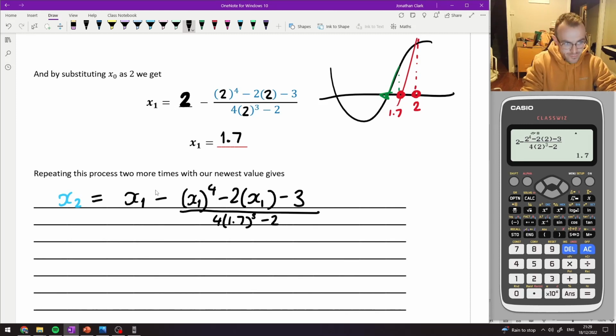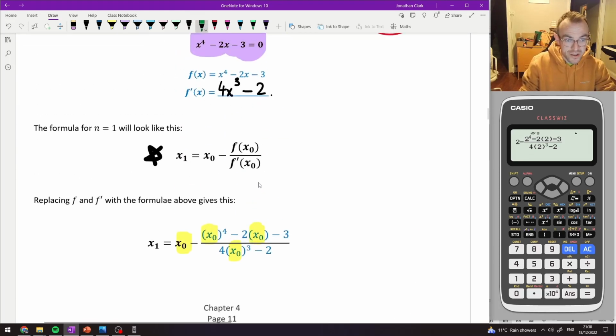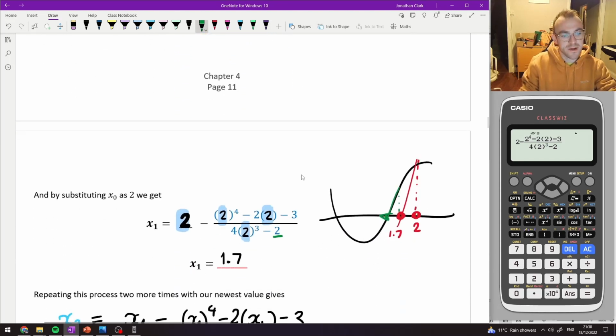I'm lucky I've got it saved on the calculator, so I'm just going to use this and go back. Need to be careful as well. Some of these 2's were the value being plugged in, like these ones. This 2 here was from differentiating the equation, so that's not going to ever change. That's going to stay as a -2 there.